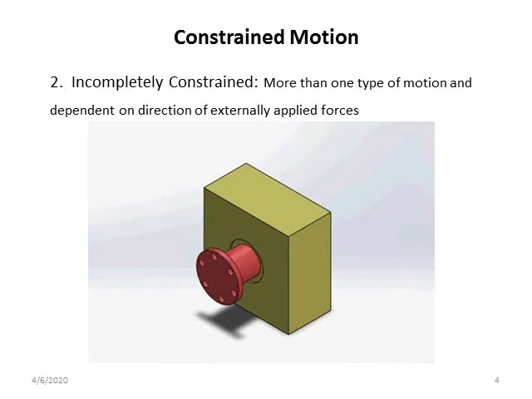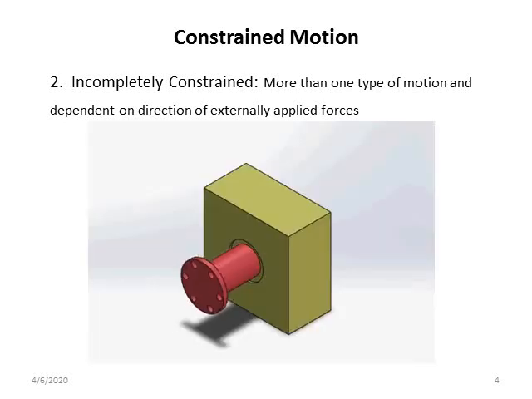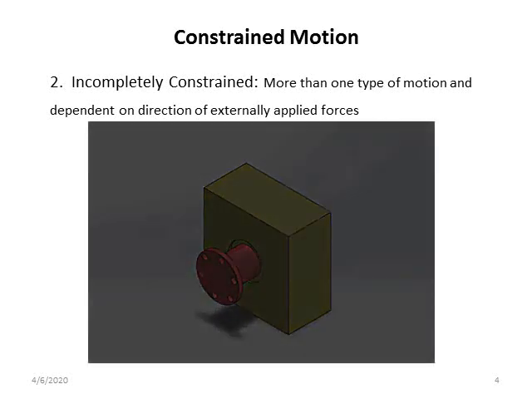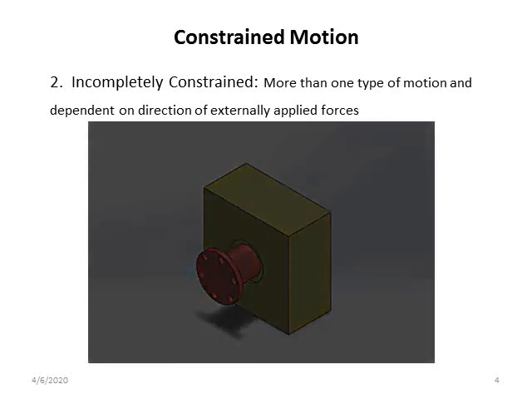As you will see in this animation, the circular rod is moving inside, and also it is revolving around its axis. So there are two types of motion. Number one, the circular bar is moving to and fro inside the box, and also it is revolving around its axis.